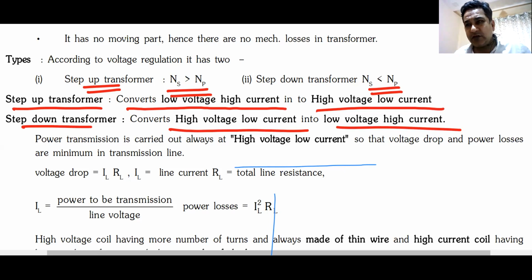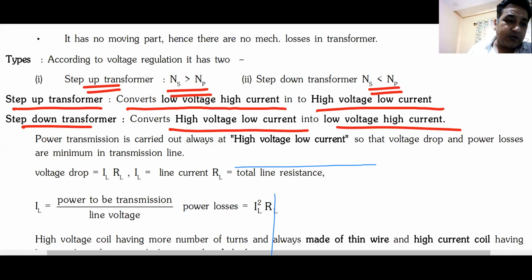In front of your house, you will find a small electric pole which has a small transformer. That transformer brings it down to 220 volts, approximately 230 to 240 volts, and that is what reaches your home. Sometimes 210, sometimes 220, sometimes 230. That is why your voltage fluctuates at times, and that's why you have stabilizers. In our times, when I was small, we used to use stabilizers because the voltage used to fluctuate a lot.